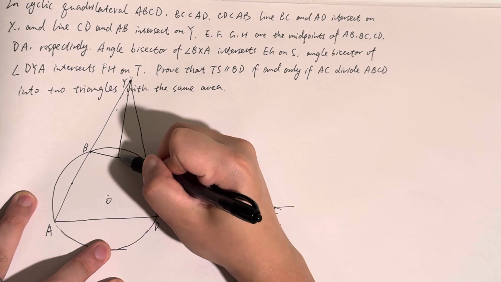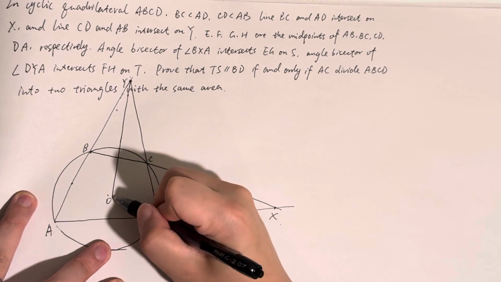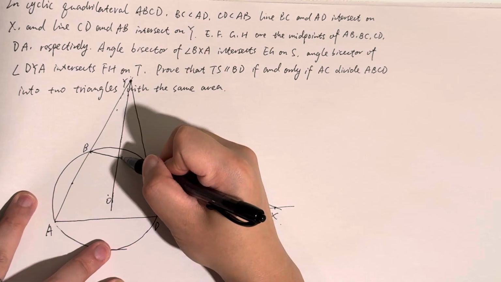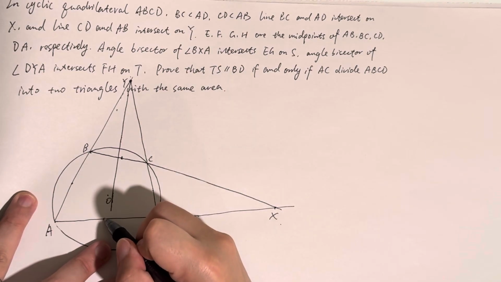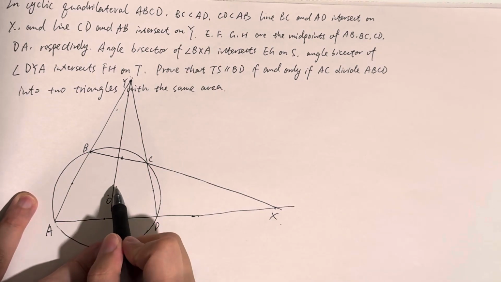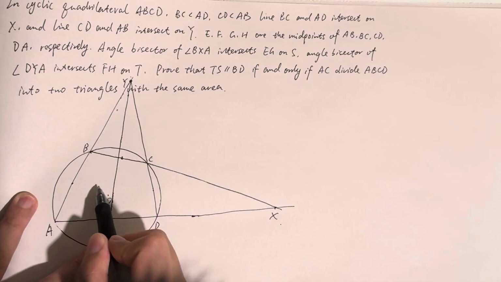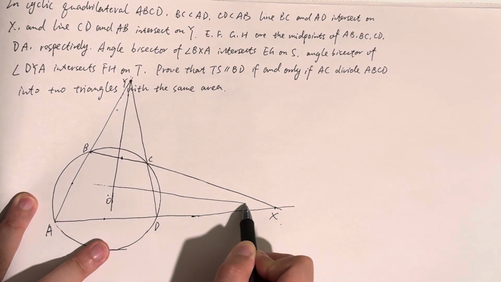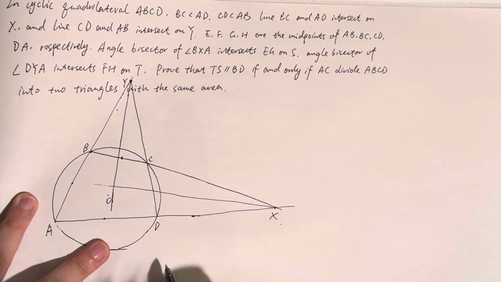So this looks like the angle bisector line. We would have the midpoint here and the midpoint here. So for this case, probably this is an angle bisector line.